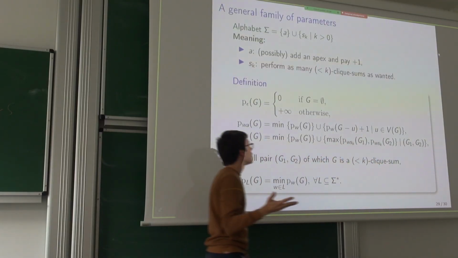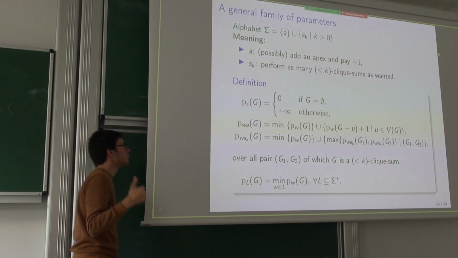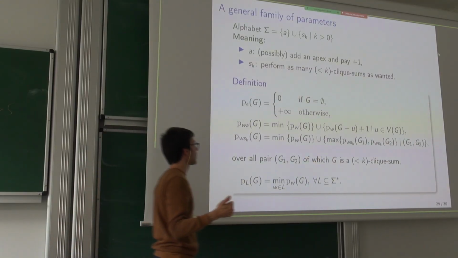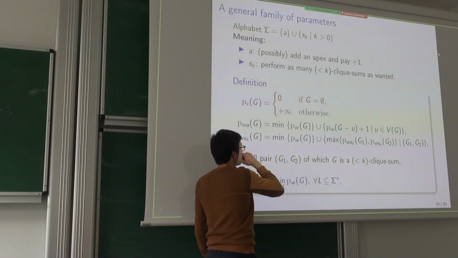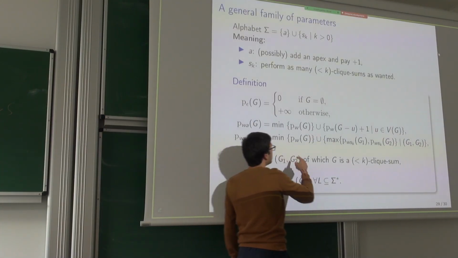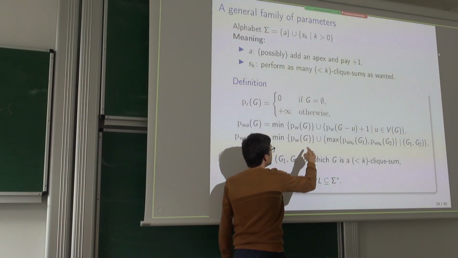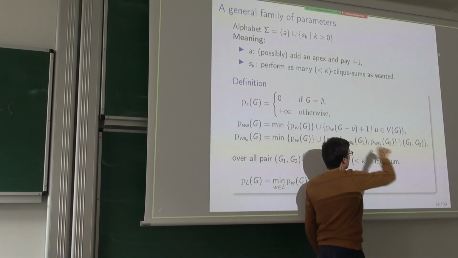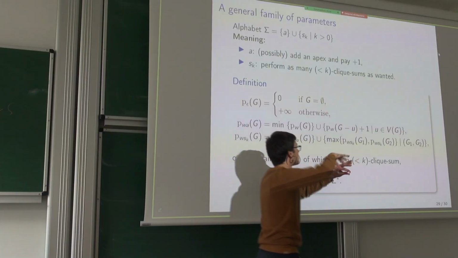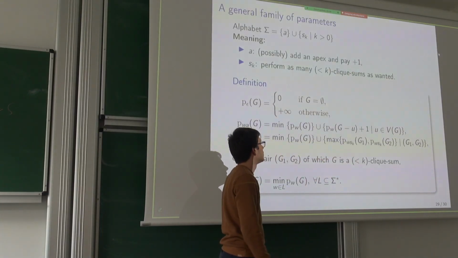So if you want, you can remove a vertex, but you pay +1 for it. If the last letter is sk, then I take the minimum between pw of g and every possible clique-sum that makes g.